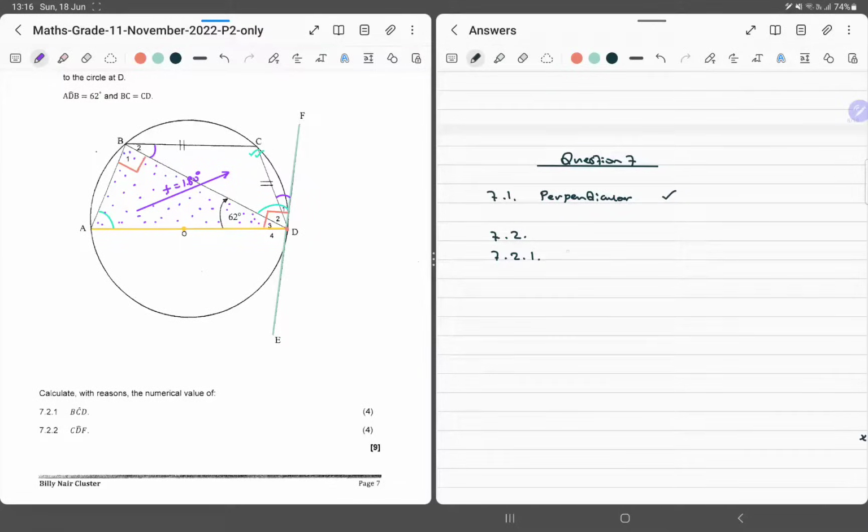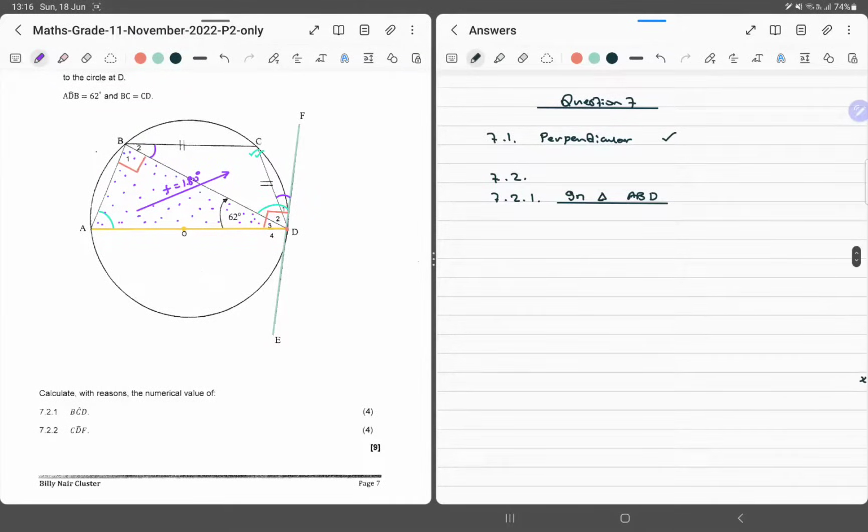We will say now in triangle ABD, what do we see there? We know that angle A plus angle B. Maybe let's start by accounting for angle B. We can see that angle B is equal to 90 degrees.